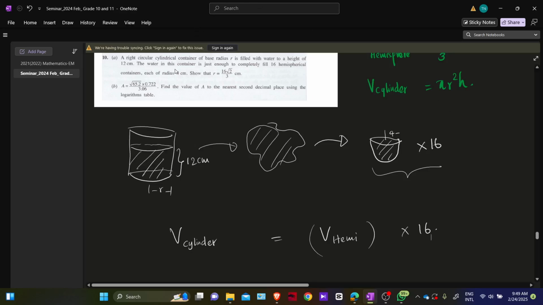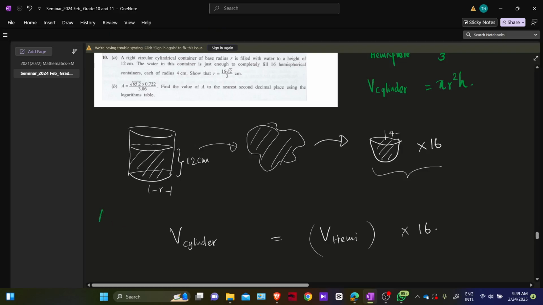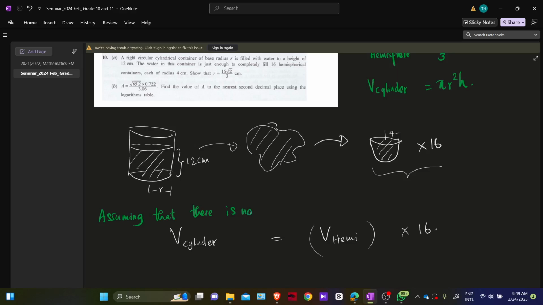They say the water in this container is just enough to completely fill. We need to assume that there's no wastage, right? For your concern, I'll write it here. Assuming that there's no wastage of water.